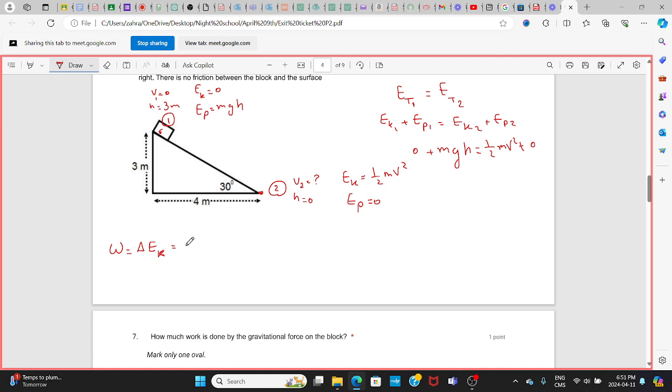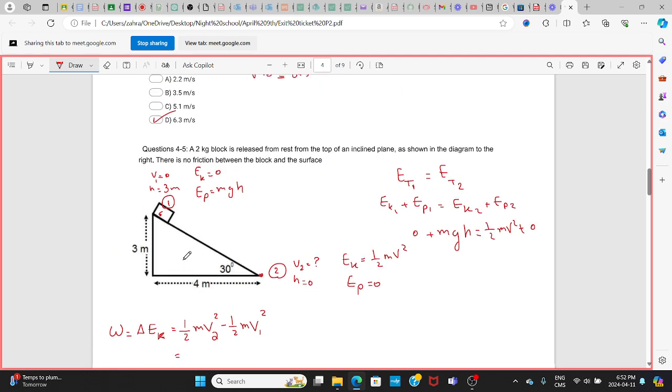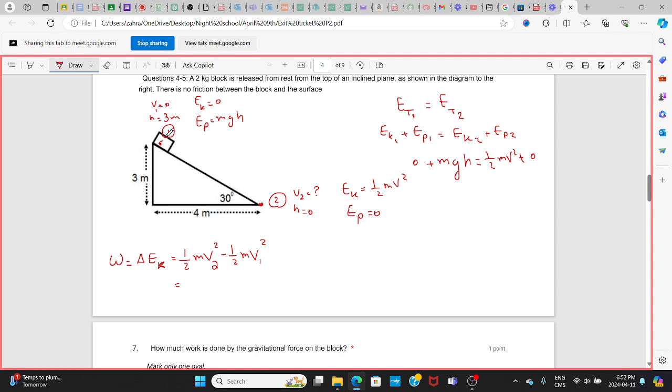The change in kinetic energy is half m v2 squared minus half m v1 squared. I know this is a 2 kilogram block, and the velocity at point 1 is 0. I just need the velocity here. That was the process I was doing, right? Using the conservation of energy to find the velocity here.